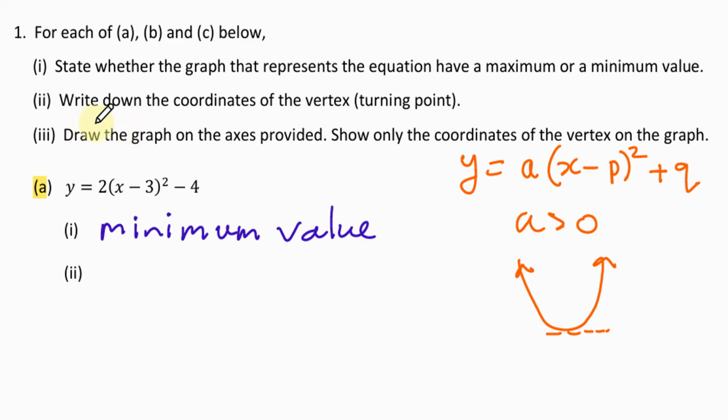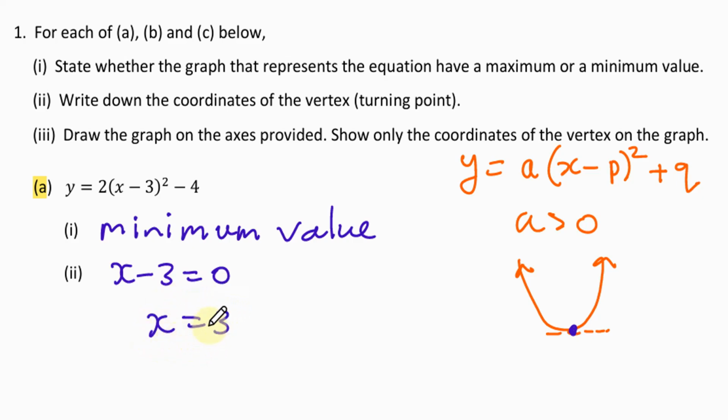Then in the second question, we have to write down the coordinates of the vertex or turning point. We always get the x coordinate by taking whatever is inside the brackets here and making it 0. So x minus 3 will be 0. And we solve for x, and x is 3.